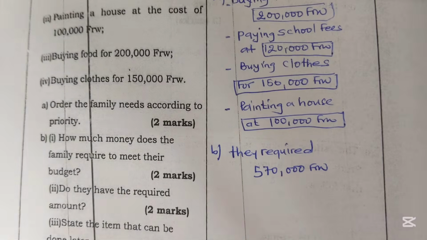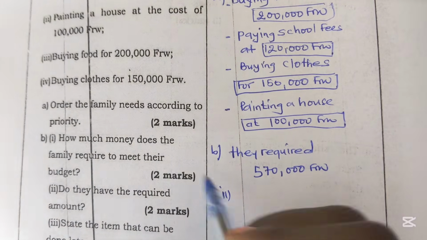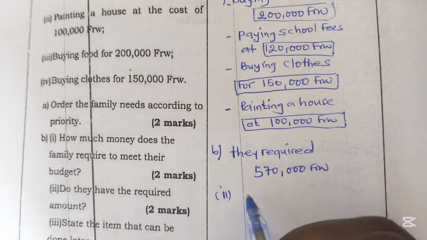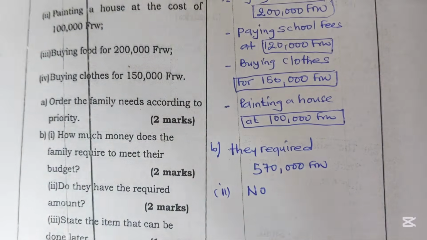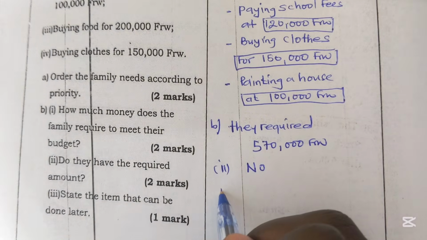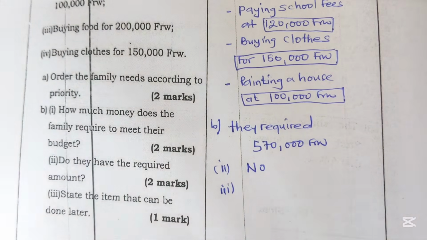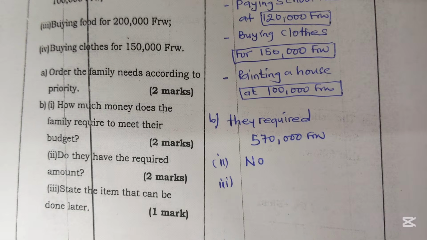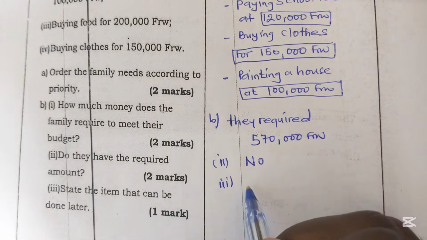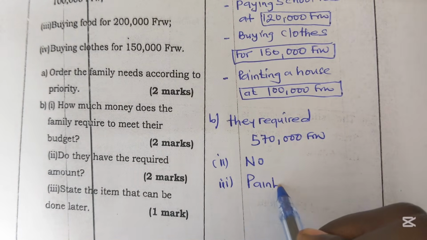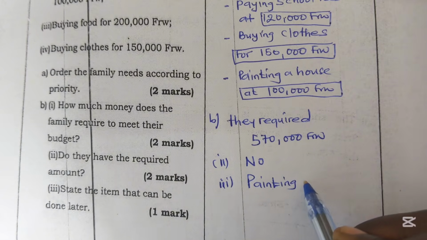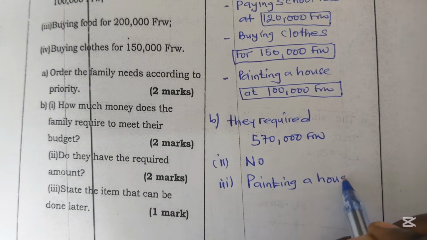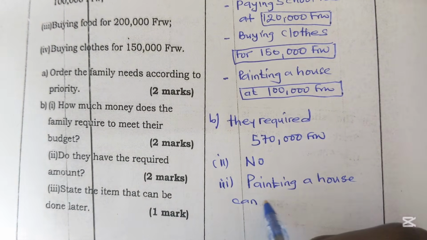Whereas here, Roman 2, do they have required amount? No. The answer is no. Roman 3 is this one. State the item that can be done later is to paint. Painting a house can be done later.